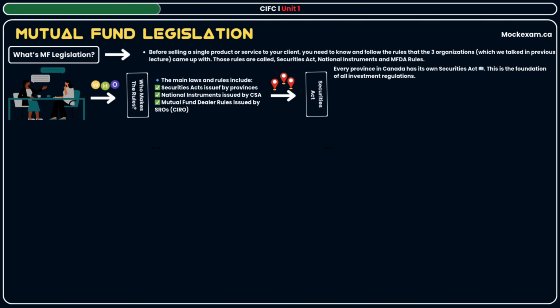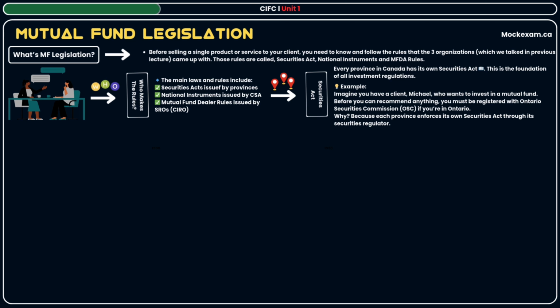Okay. Every province in Canada has its own Securities Act. This is the foundation of all investment regulations. So, Securities Act is a foundation. Let's clarify with an example. Imagine you have a client named Michael who wants to invest in a mutual fund.